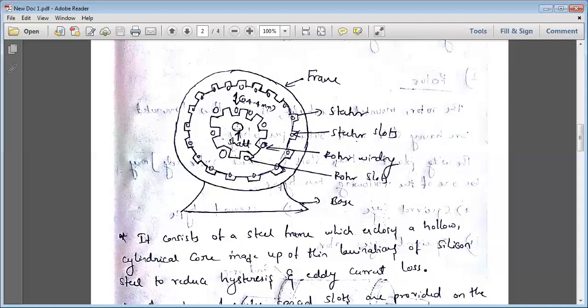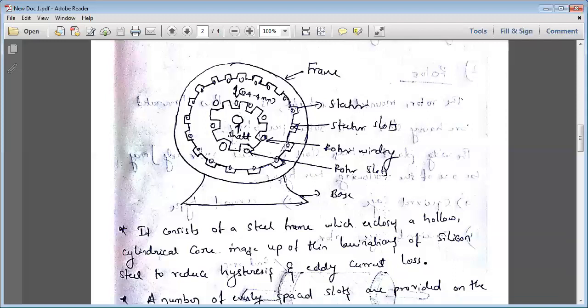Here one end is connected to the load, the other end to the cooling fan. The fan is also connected at the other end to reduce the temperature inside the machine. And this is the base of the machine.